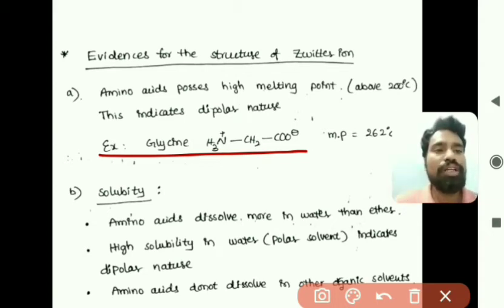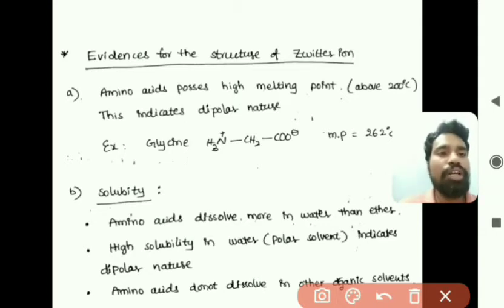Next is solubility. Amino acids dissolve majorly in water rather than ether, which means high solubility in water, and water is a polar solvent, as we know. A polar molecule dissolves in a polar solvent. So as alpha amino acids have high solubility in water, it indicates that amino acids are in the form of polar ions.